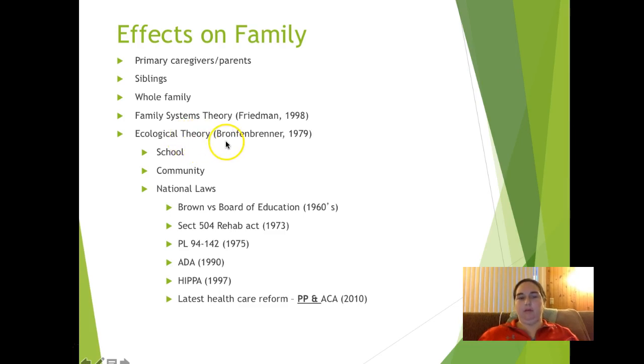And then again, with Bronfenbrenner's theory, it's not just the family that is affected by the arthritis and affects the child with arthritis, but really school, community, and national laws. Brown versus Board of Education, Section 504 of the Rehab Act, Public Law 94-142, the ADA, HIPAA, and the latest healthcare reform on patient privacy and affordability.